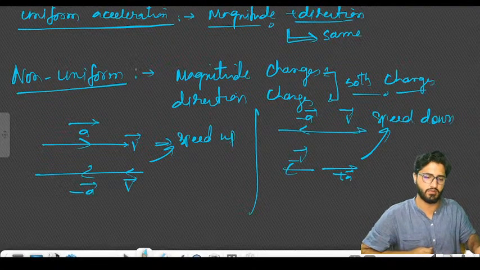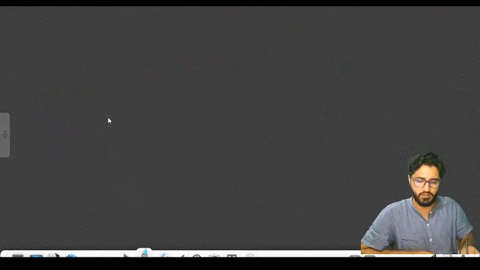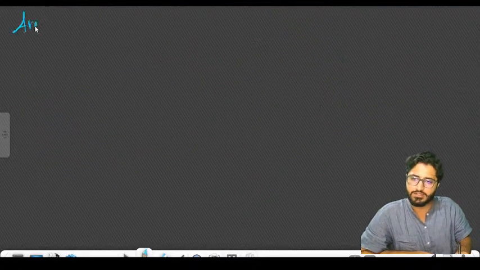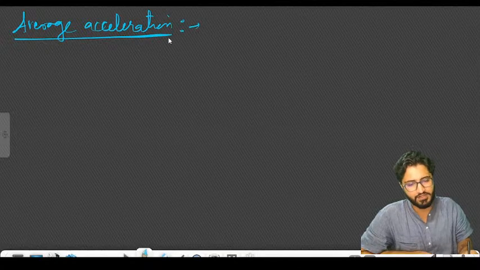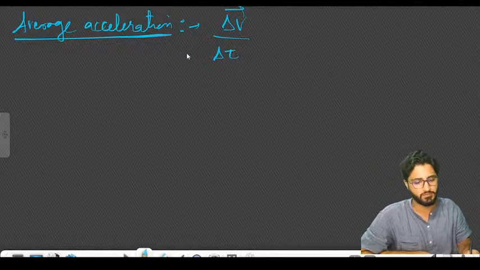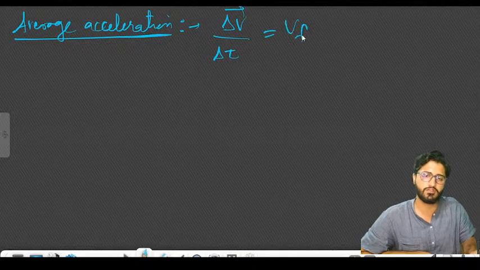Done. Now we are with a very small topic, average acceleration. What is average acceleration? It is change in velocity by time. That means velocity final minus velocity initial by time.